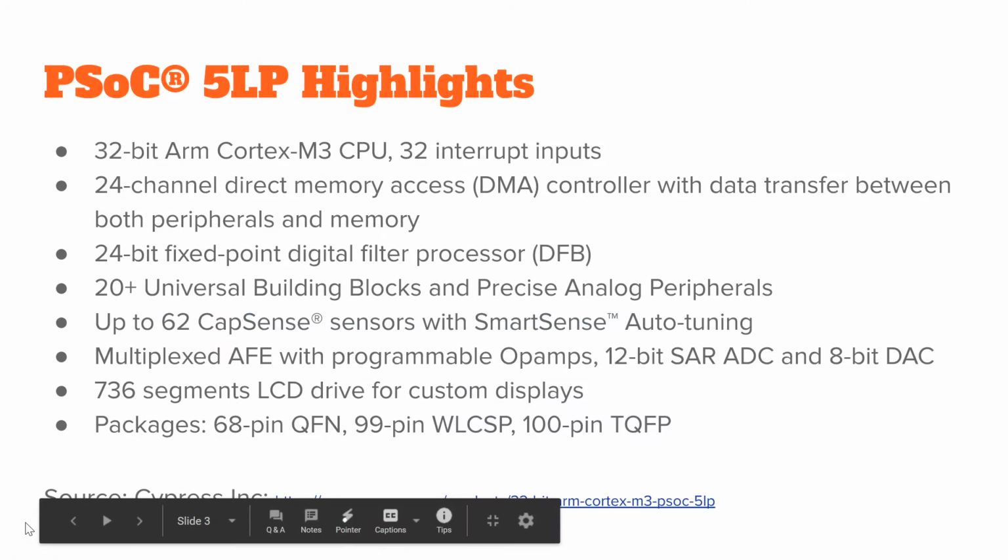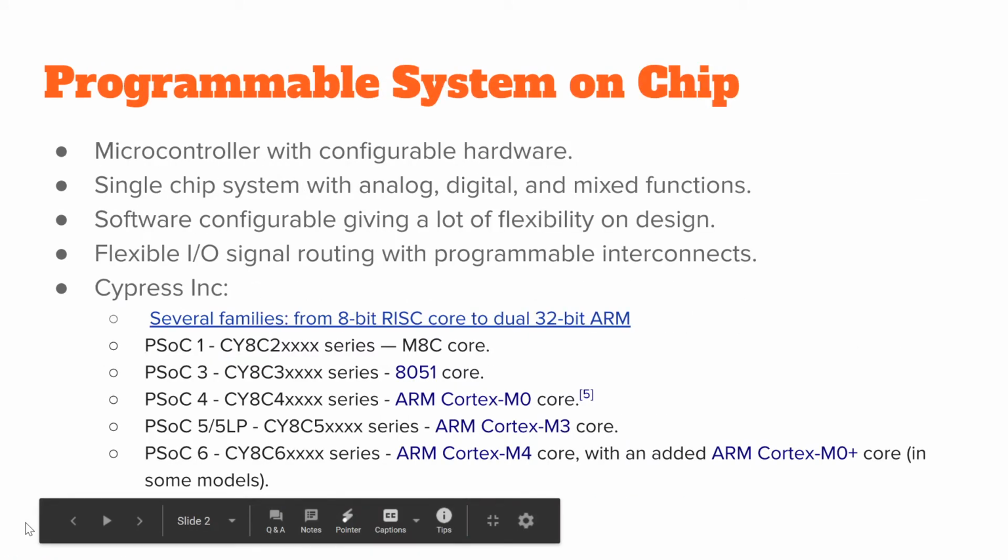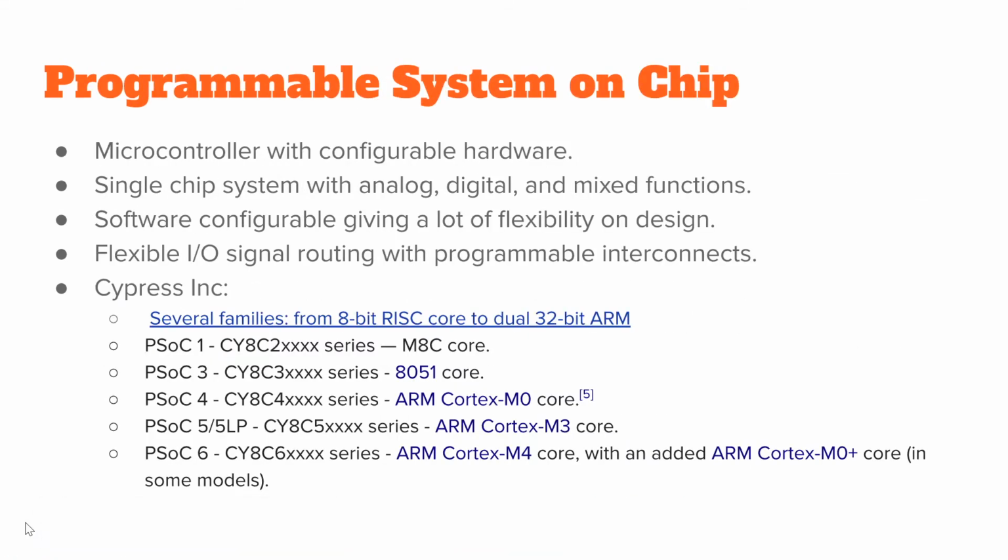The latest addition to the family is the PSoC6, and basically this is an M4 core with an added Cortex M0 Plus core, which makes it excellent for, say, data intensive solutions where you need connectivity, like Bluetooth low energy or Wi-Fi connectivity.